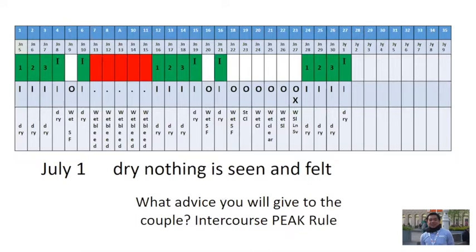This is the peak rule: every day at any time. If intercourse happens on July 1, of course, the sperm cannot enter. The cervix is closed. It will be dislodged maybe on the same day or until the following day.